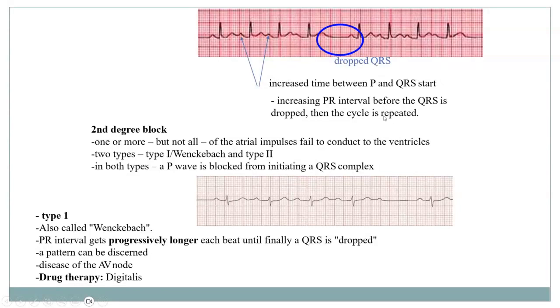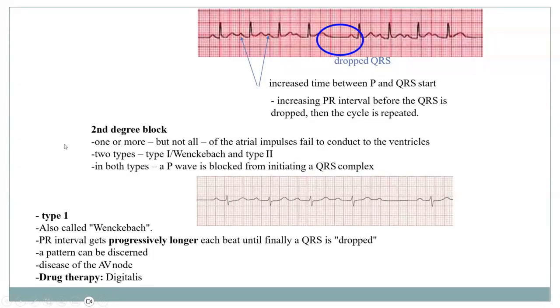Then the cycle is repeated. Let's look here: P, QRS, T. The distance from P to QRS is increasing, and then T, then P, increased distance, and a dropped QRS, and then the pattern resumes. This is an expected pattern, because you know the PR interval is increasing, then you will have a dropped QRS, and then the pattern resumes. So this is type 1.